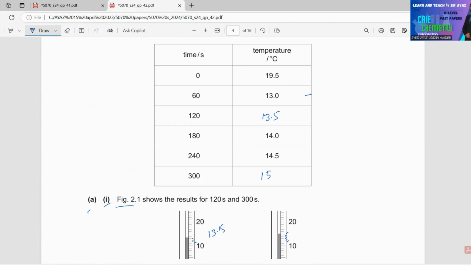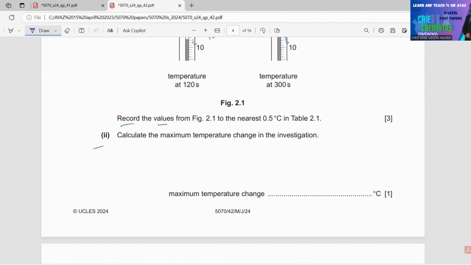This is lowest. The maximum is 19.5. So I will subtract lowest from the highest value. So what you will do, 19.5 minus 13. And this will be 6.5.